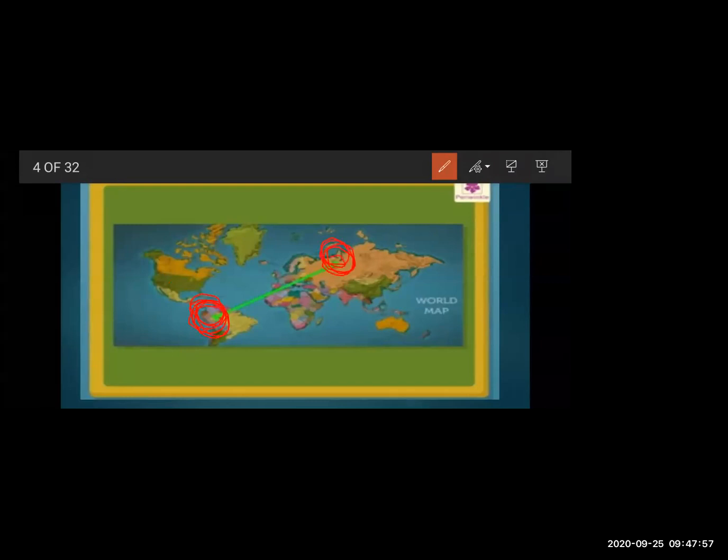The distance in between South America and Asia, that is the length in between these 2 continents. There are 7 continents all over the world, all over the earth. So from those 7 continents, the distance in between these two continents, that is the length. That is called the length.